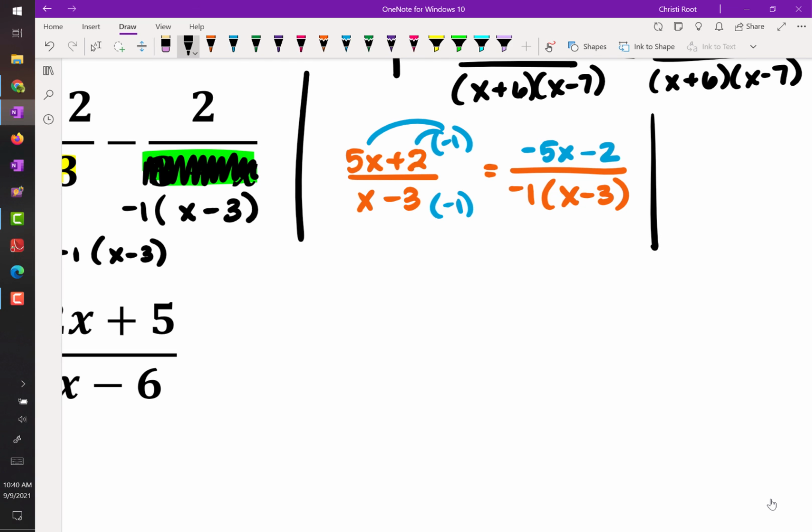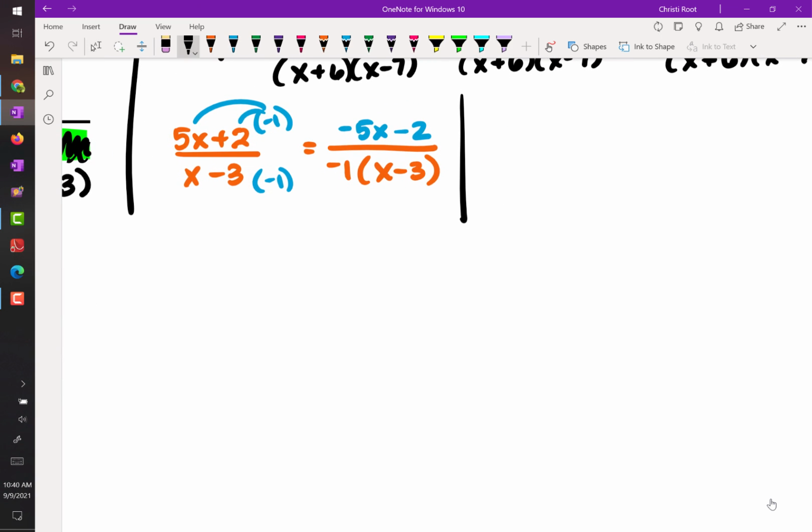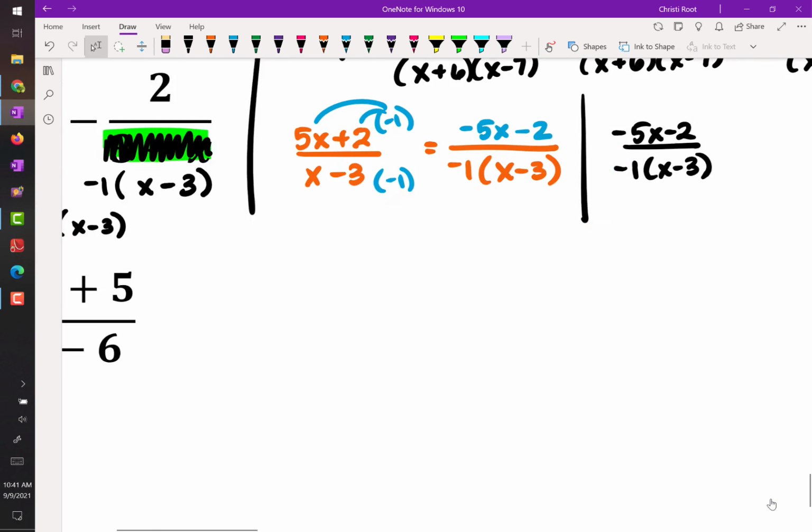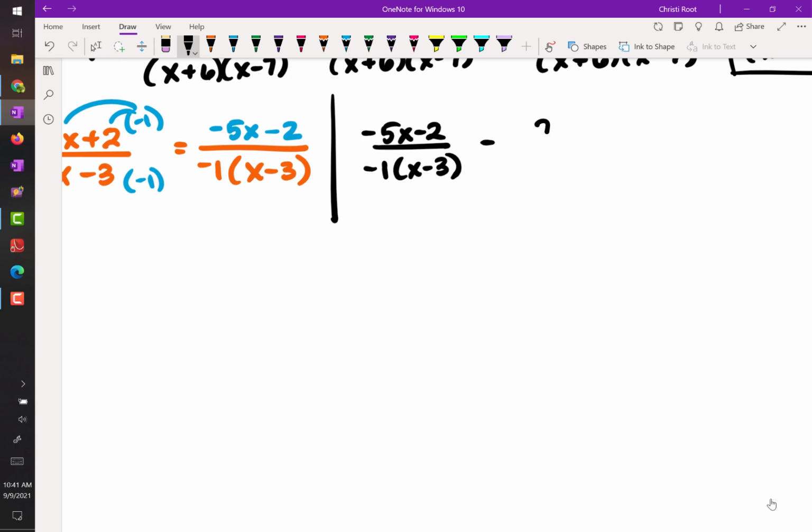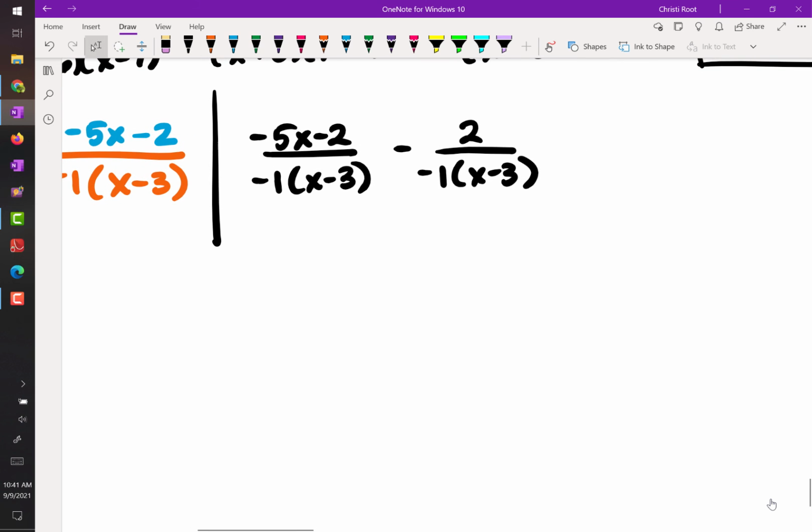Okay, so now I'm ready to rewrite it. So that was my first one. And then my second one had no change. That was minus 2. Now that's kind of a little weird.